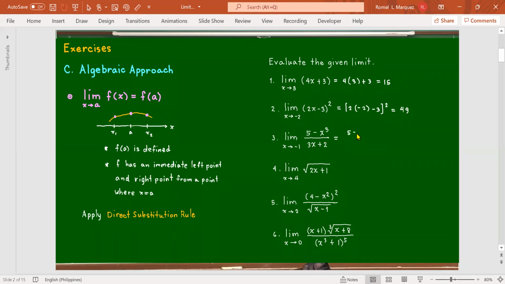So 5 minus negative 1 raised to 3, all over 3 times negative 1 plus 2. The numerator is equal to 6, right? Over negative 1. Am I correct, guys? And that is equal to negative 6. Okay, children? Guys?